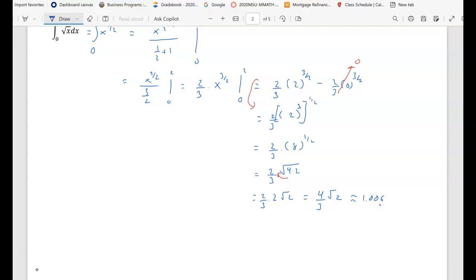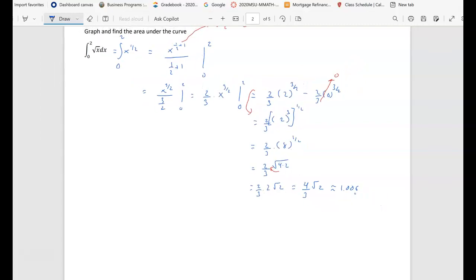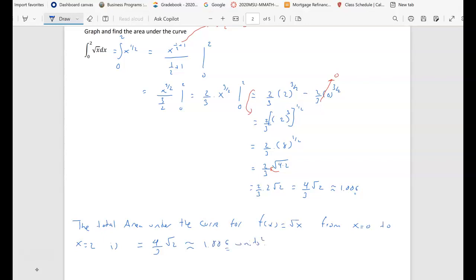In this case, we can say that the total area under the curve for f of x equal to the square root of x from x equals 0 to x equals 2 is exactly 4/3 square root of 2, which is approximately 1.886 units squared. So that would be our final answer.